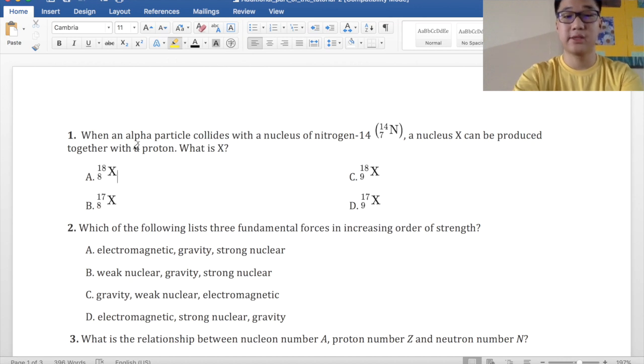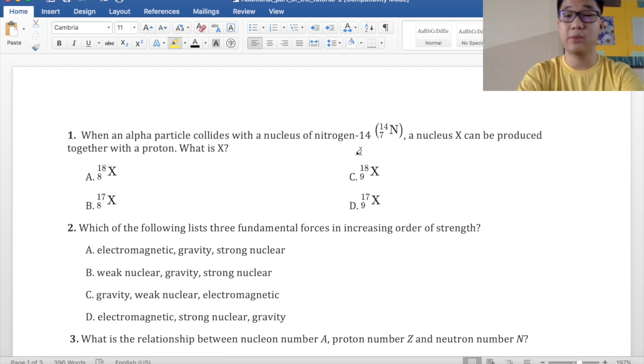Okay. So number 1, when an alpha particle collides with a nucleus of nitrogen 14, which is this over here, a nucleus X can be produced together with a proton. What is X? So we know that alpha particle is a 4-2 particle.